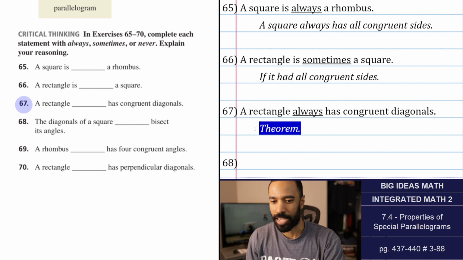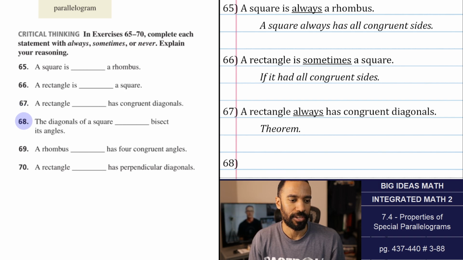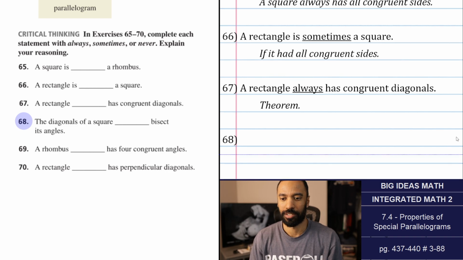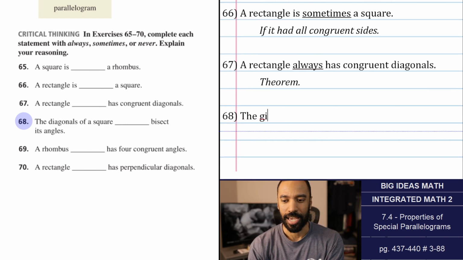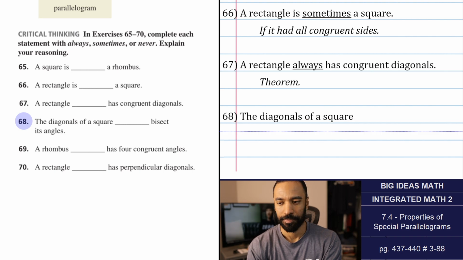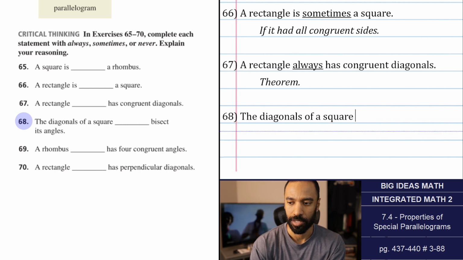All right, number 68. The diagonals of a square blank bisect their angles. Well, I know the answer, I just want to get there. The diagonals of a square always bisect their angles. Whoops, underline.